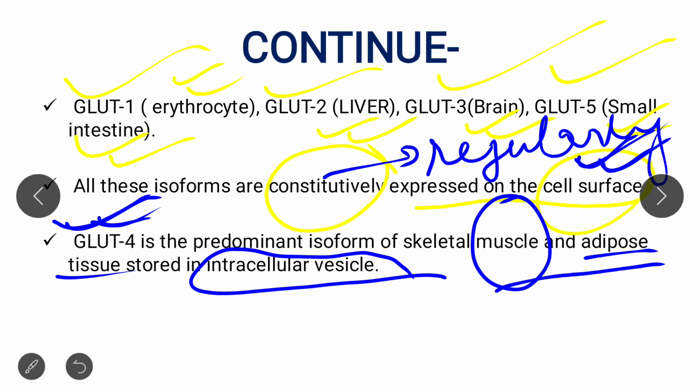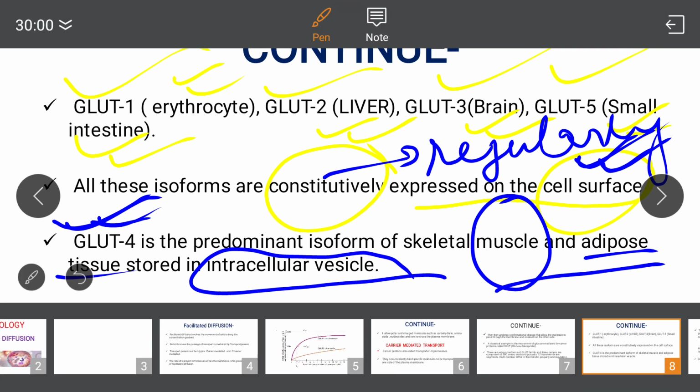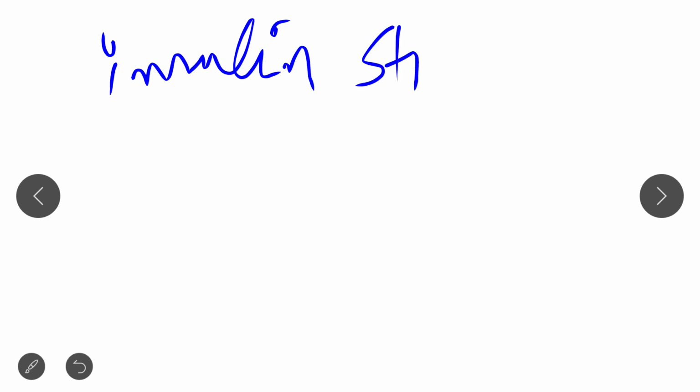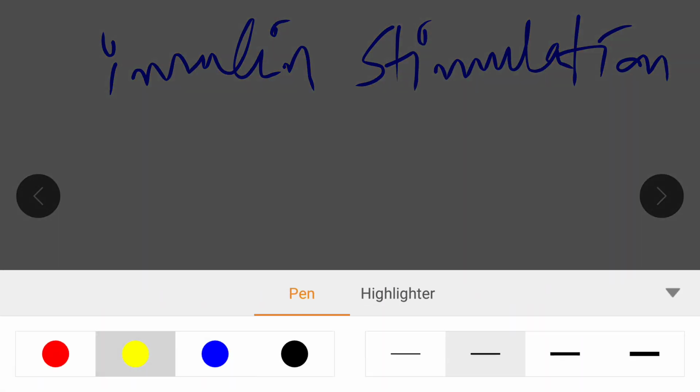I want to mention another fact about GLUT4. When GLUT4 is stimulated by insulin, then what happens?